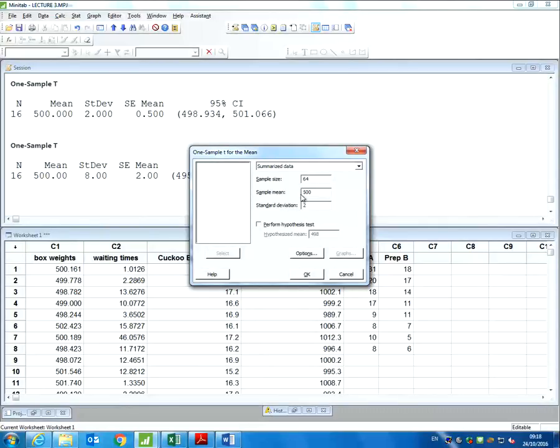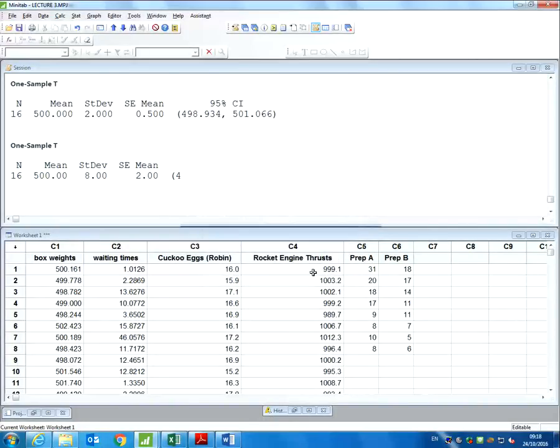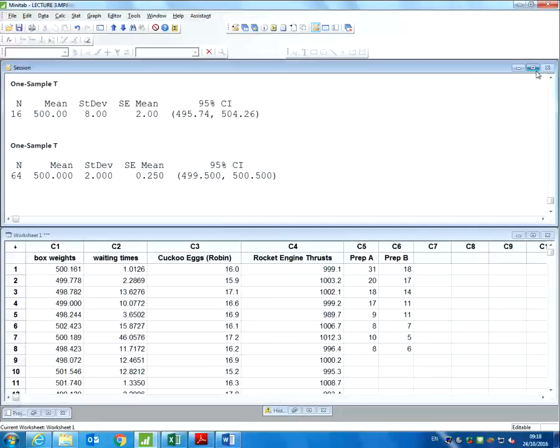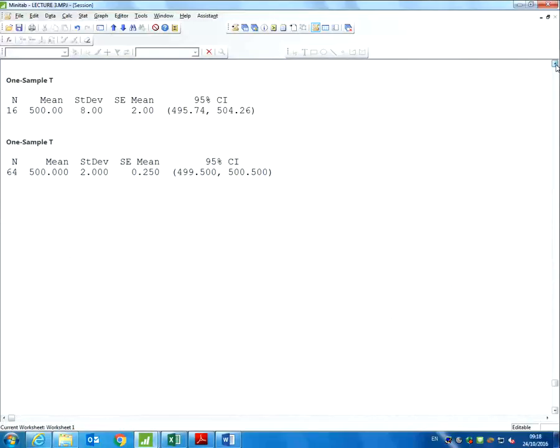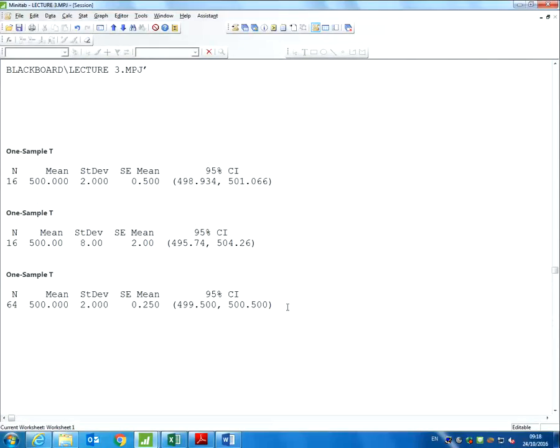Well done if you thought it would get more precise. Can you all see that? We're comparing this confidence interval to this one. Again, it obviously makes sense because you predicted correctly. As sample size increases, we're learning more and more about the population, so our estimate of the true mean will be more precise. I'm going to change one final thing.